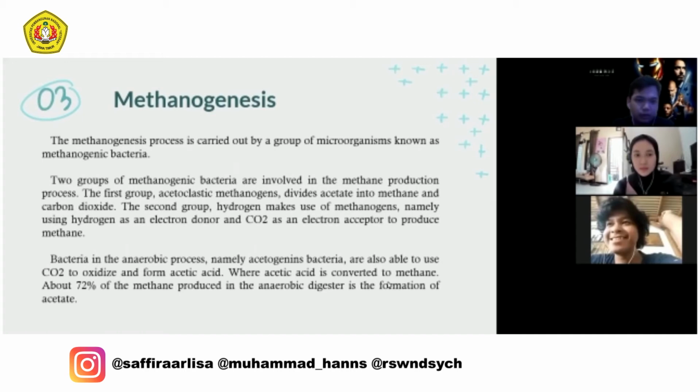Next, methanogenesis. The methanogenesis process is carried out by a group of microorganisms known as methanogenic bacteria. Two groups of methanogenic bacteria are involved in the methane production process. The first group, acetotrophic methanogens, divides acids into methane, and hydrogenotrophic methanogens use hydrogen as an electron donor and CO2 as an electron acceptor to produce methane.